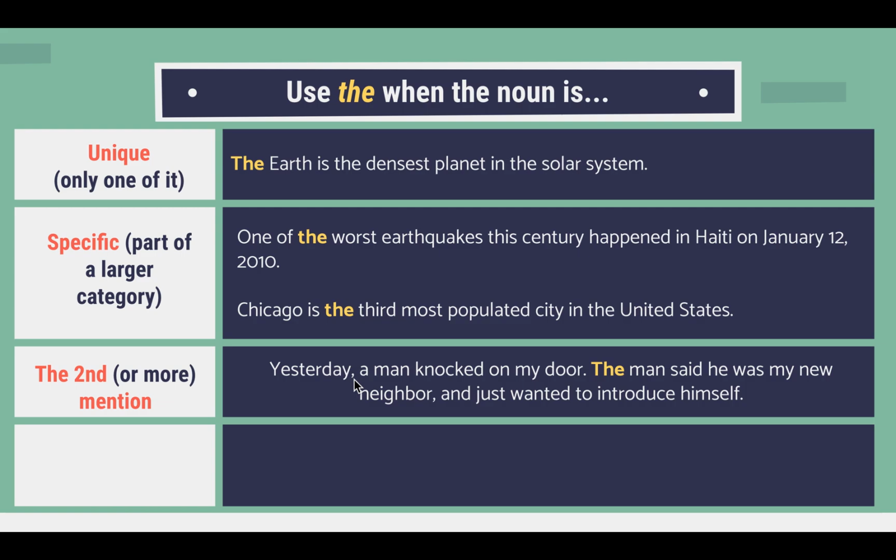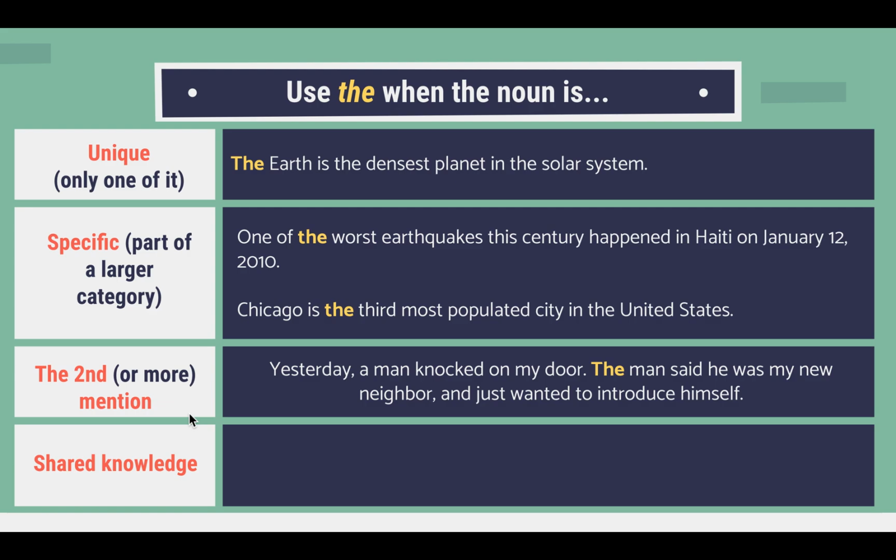So the first time I mention the man, I use a. But the second time I mention the man, I use the. Okay? If I mention him a third or a fourth time, I can also continue to use the. And that's because now we all know which man we're talking about. It's the man who knocked on my door.